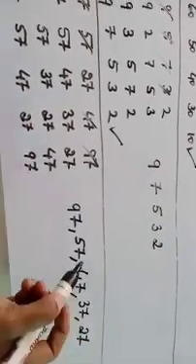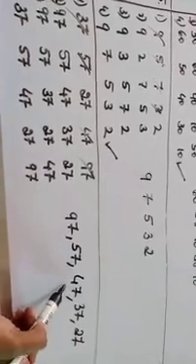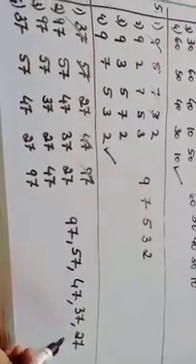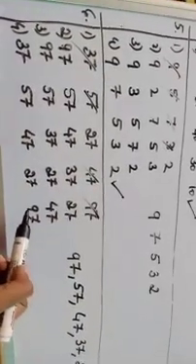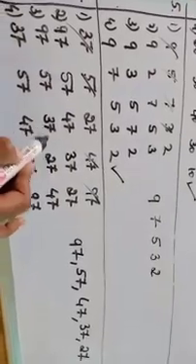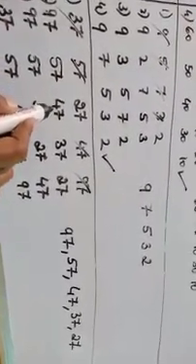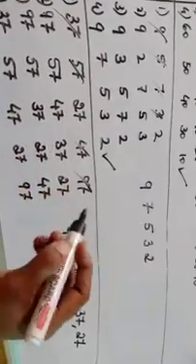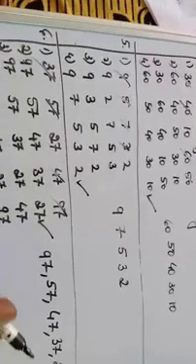So we got the answer, that is 97, 57, 47, 37, 27. So let's search for this answer in the options. Okay, 97, 57, 37, no. 97, 57, 47, 37, 27. That means the second option is our right answer.